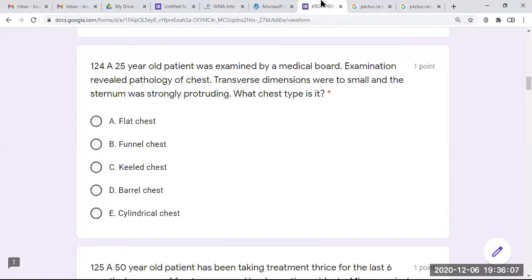So here they are saying that when the examination board did the medical examination, they revealed that the transverse dimension of the chest was too small, and the sternum was strongly protruding. So if the sternum is strongly protruding, what do you think of? Keeled chest.